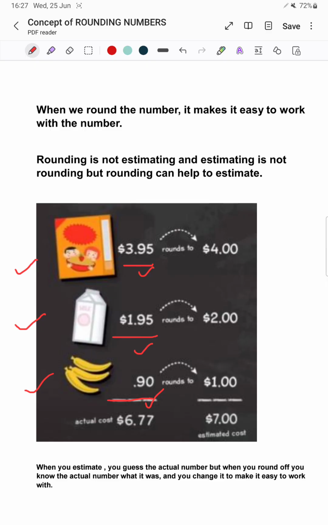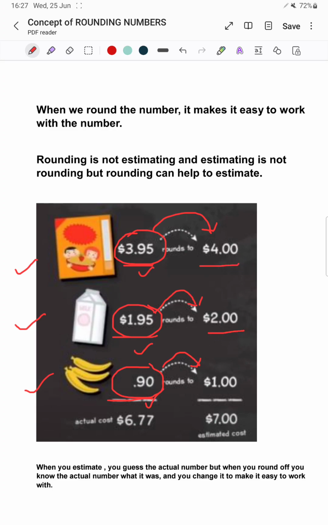Now if I have to estimate what I have to pay, not exactly but just make an estimate, I need the help of rounding. I see that the first item's cost is 3.95, and when I apply the process of rounding to make it simple, it becomes $4. The second item's actual value is 1.95, and when I round it up, it will be $2. And then the third item is 0.90. When I round it up, it is $1.